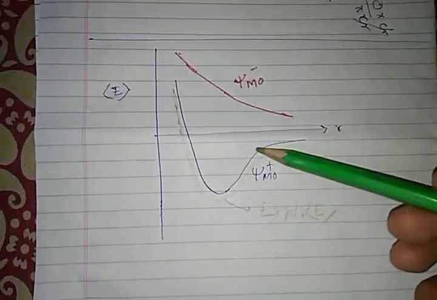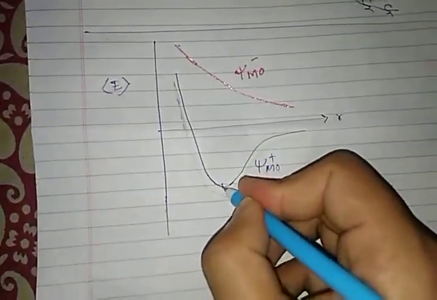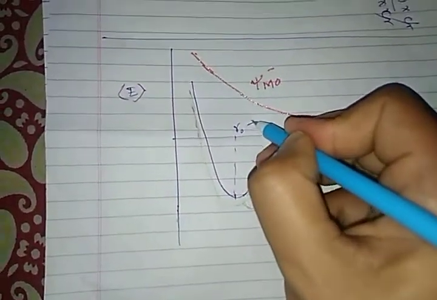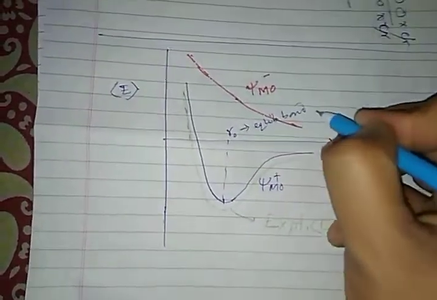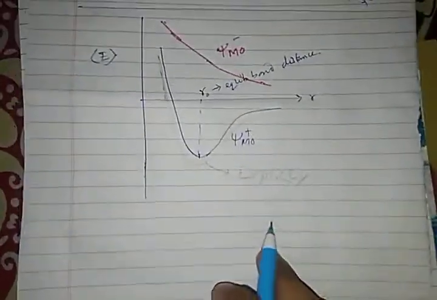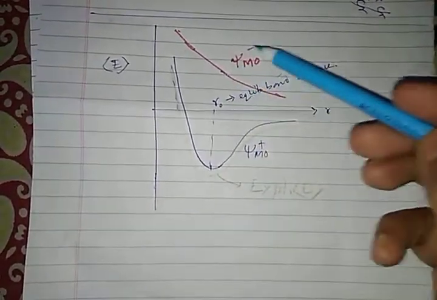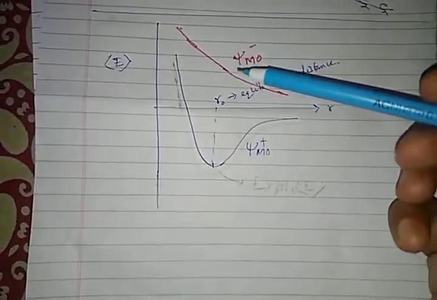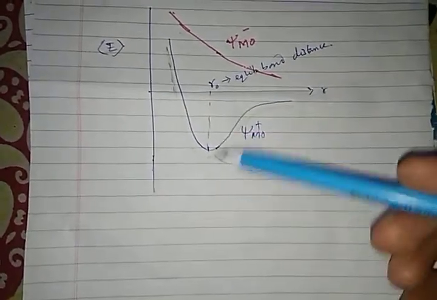It's a Morse potential energy type curve, and this position will be your R0, which is the equilibrium bond distance. But if you take psi MO minus, the antibonding orbital, it will look like this red line. So it will never end up with a minimum.